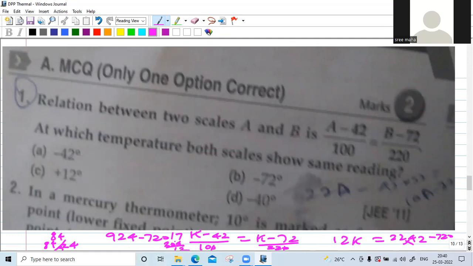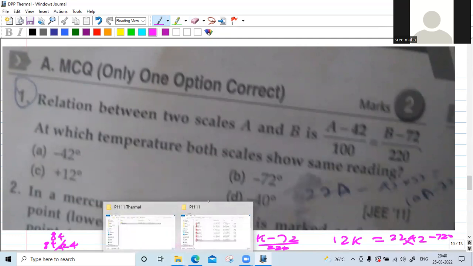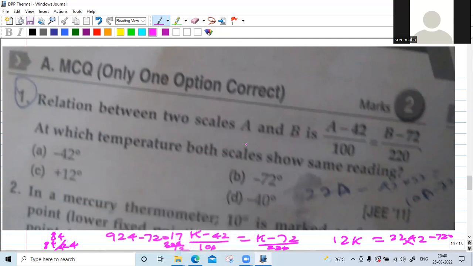What answer you got? I'm getting 17. 10 times is 120. Getting 17.